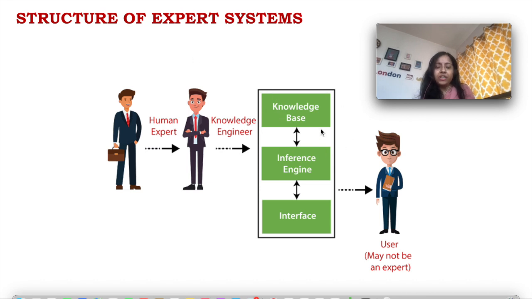Remember one more point: the betterment of the knowledge base is a very important concept here. If your knowledge base is not a good one, the solution might not be a precise one. Next, we have the user, who is not an expert, but he knows how to send a query to the expert system and then get a result out of it.